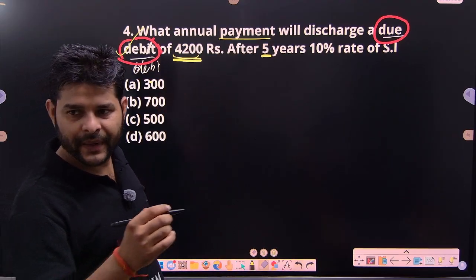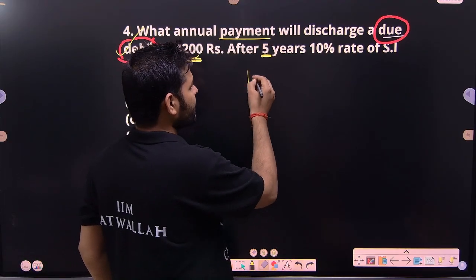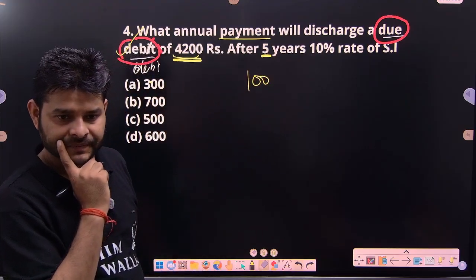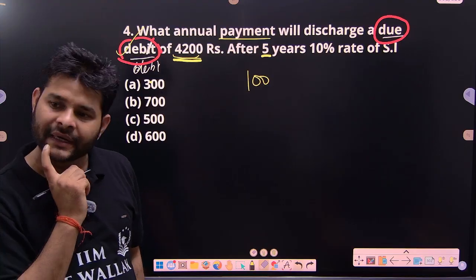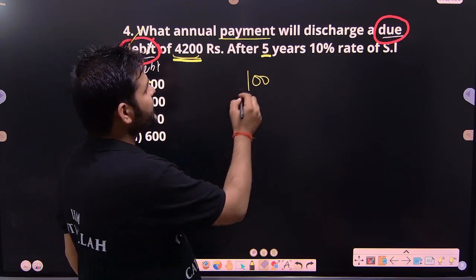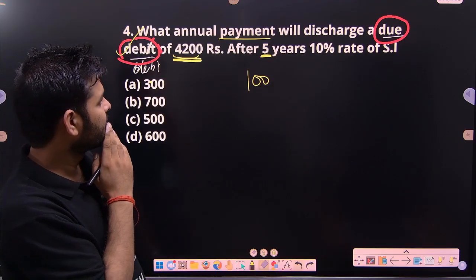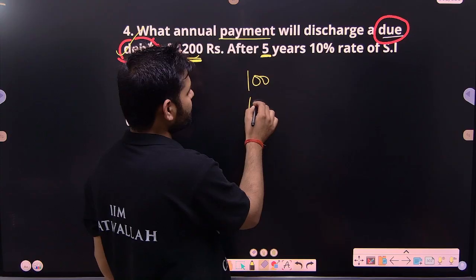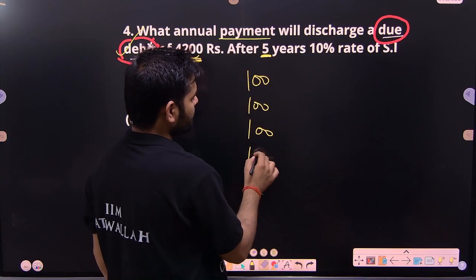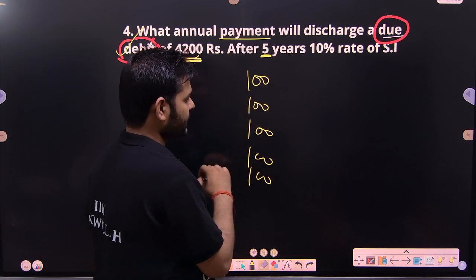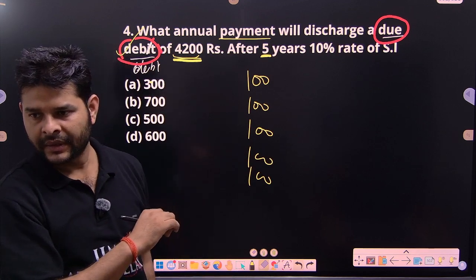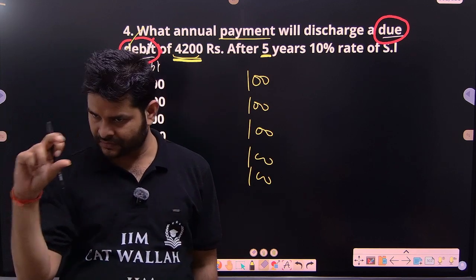So suppose I pay 100 in a bank, 100 unit in the bank. Got it? 100 unit in a bank on the rate of interest 10%. Again for 5 years, 100 for 5 years in a bank, a fixed amount.